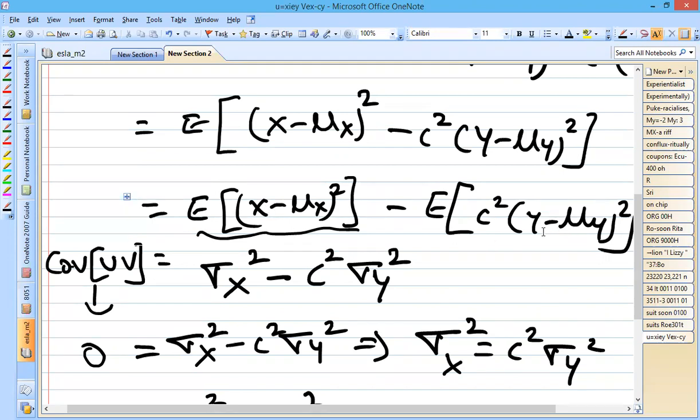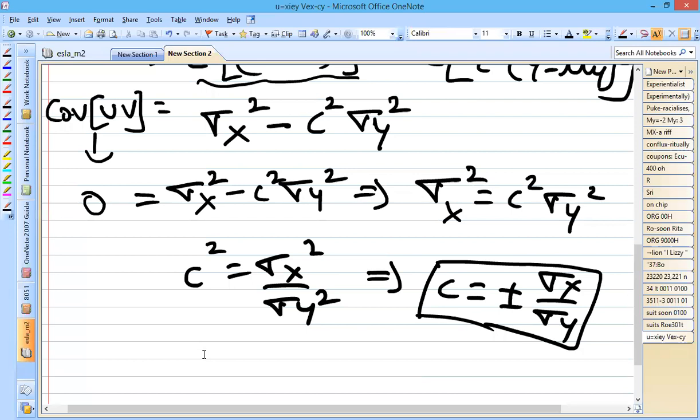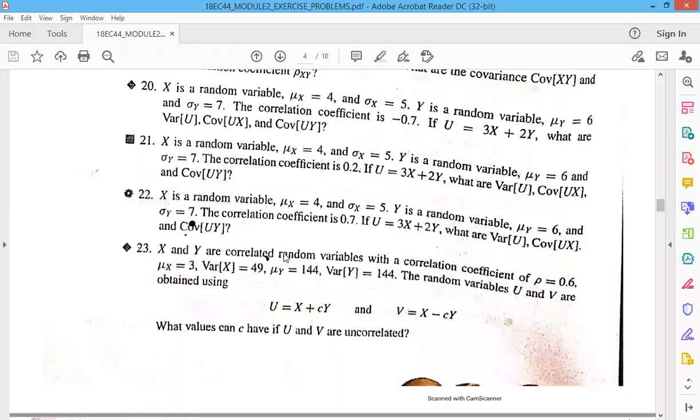Similarly, c square is a constant, so you can take it outside the expectation operator, and the remaining term is the variance of the random variable y. As I told, for uncorrelation the covariance value must be equal to 0. So make it 0, and simplifying that, we get the value of c as plus or minus sigma x divided by sigma y. For this value of c, you can have the random variables u and v as uncorrelated. This is problem number 23.